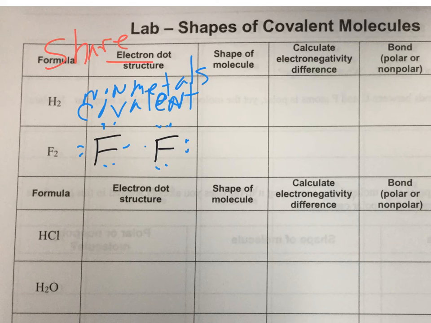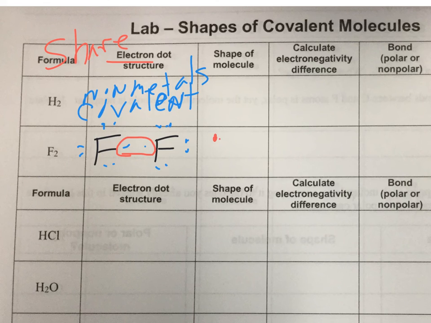So because they share, this dot and that dot are going to share a bond. So in this one small bond, you have a dot on this side and a dot on this side, and these two are sharing. Okay, we see that? All right, so now what is my shape for that particular molecule?